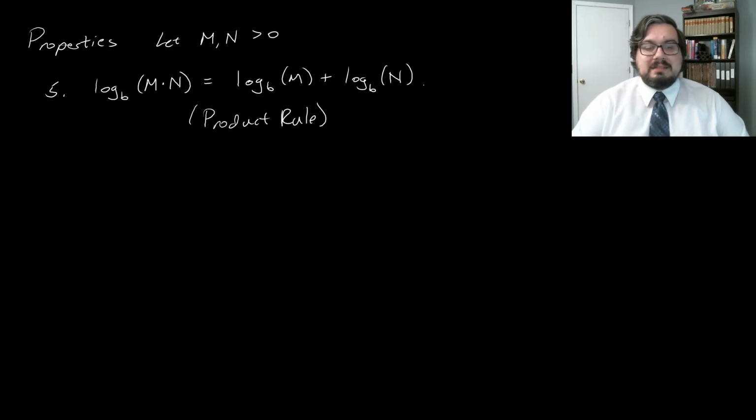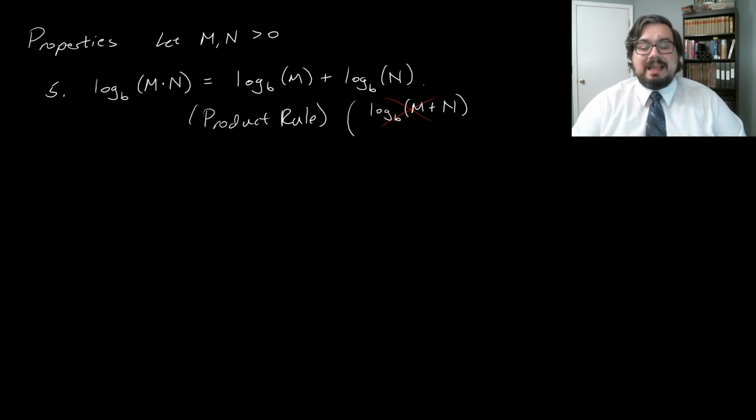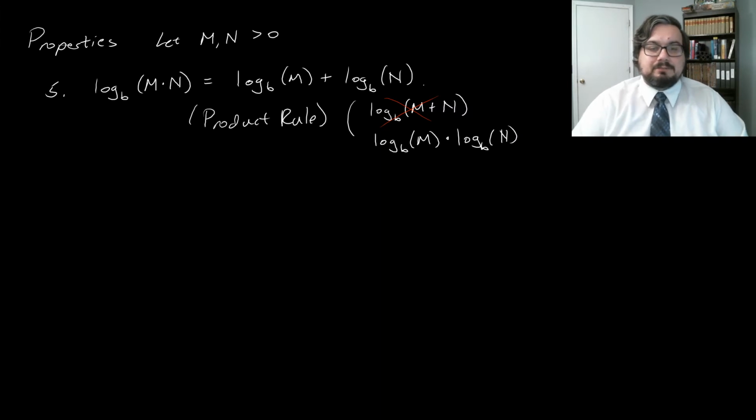So, for instance, this doesn't say anything about expressions of the form log base b of m plus n. This property doesn't say anything about that. And it also doesn't say anything about an expression of the form log base b of m times log base b of n.